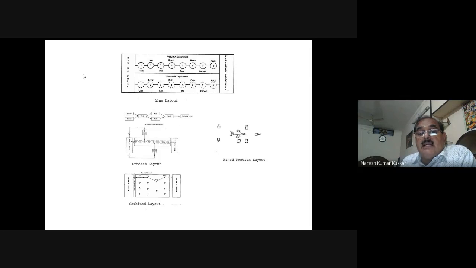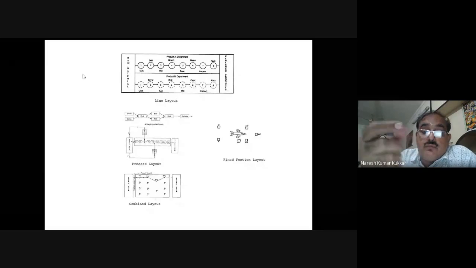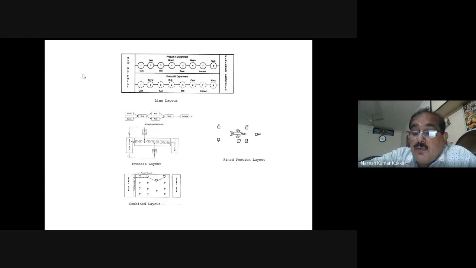Now second comes the process layout. Process means, depending upon the process, like a chemical process, maybe one chemical process is being performed at a single place, and another chemical process is performed at another single place. From that process, things will come to the main line, then from the second process, they will come to that main line.